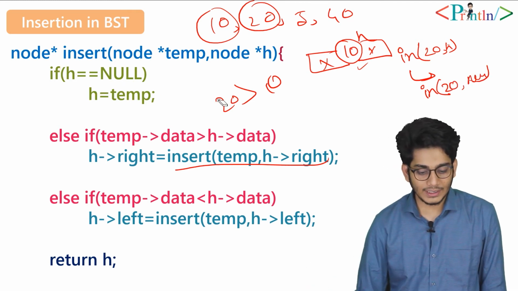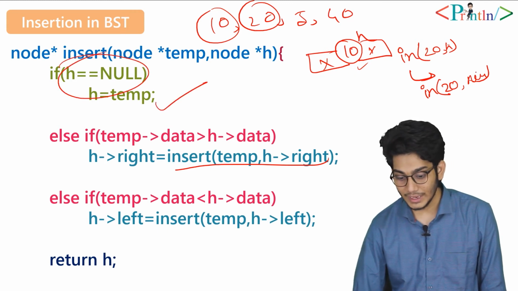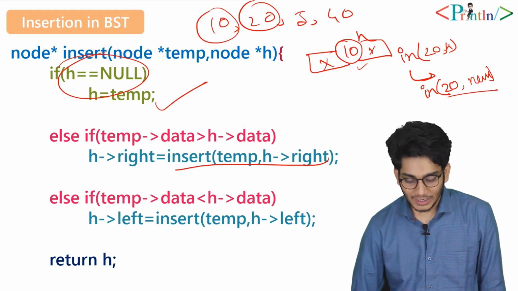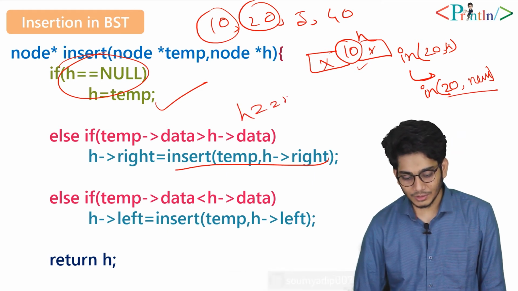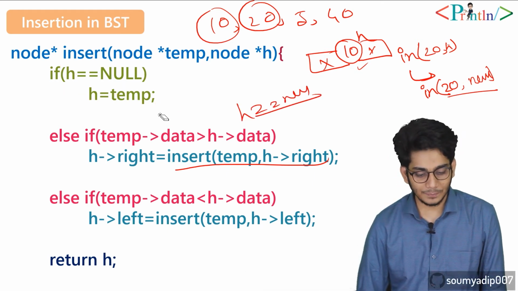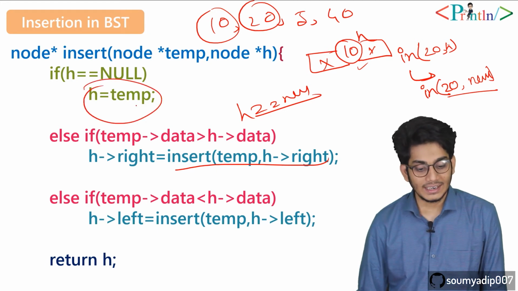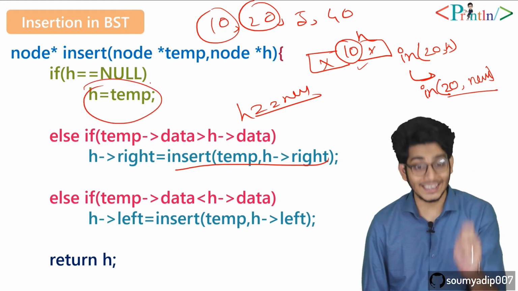Again when we come into this function, we'll see that our h is null because we have passed null. So now h is equal to null, which means we'll simply assign temp into h.